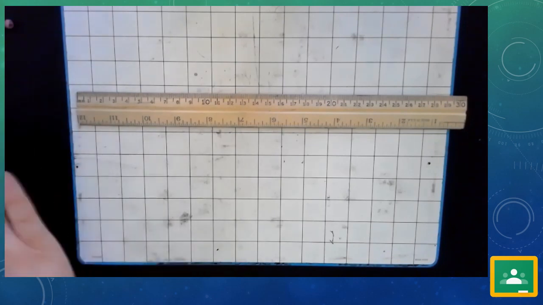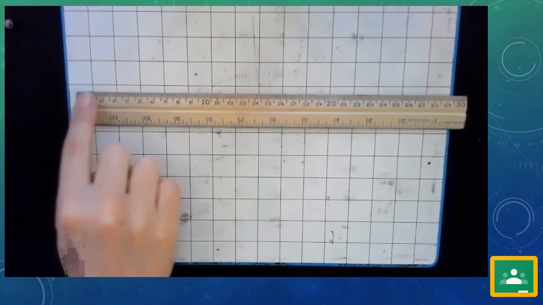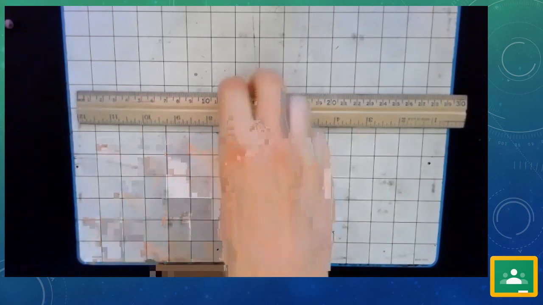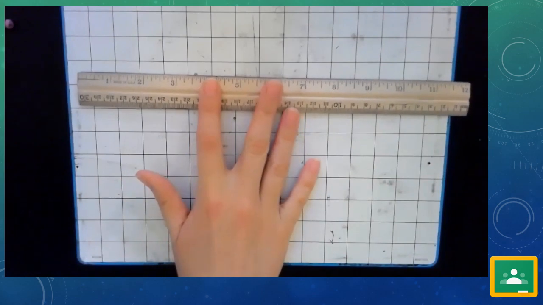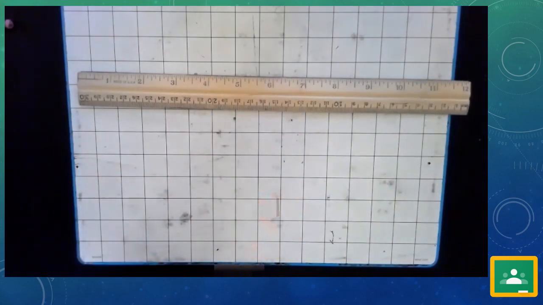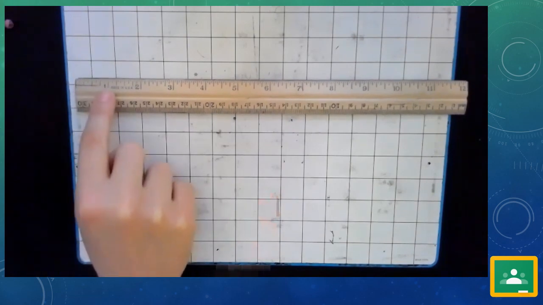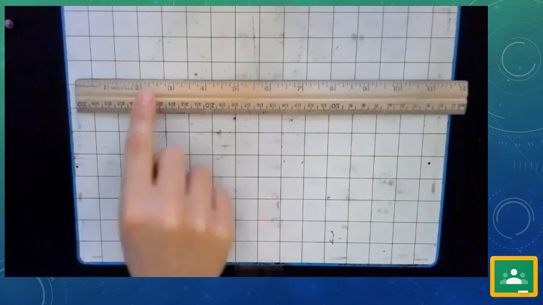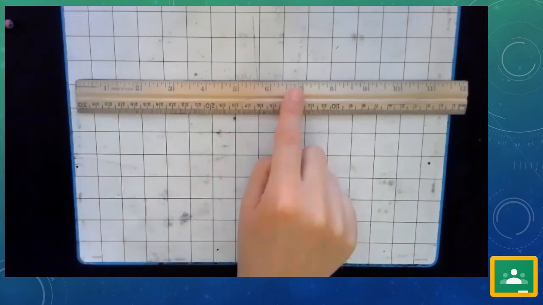So just starting and looking at this ruler, when I look at the centimeter side compared to the inch side, I notice some differences right away. And maybe you've noticed this too. When I take a look at inches, these big numbers that are being labeled for each inch are very spread apart.